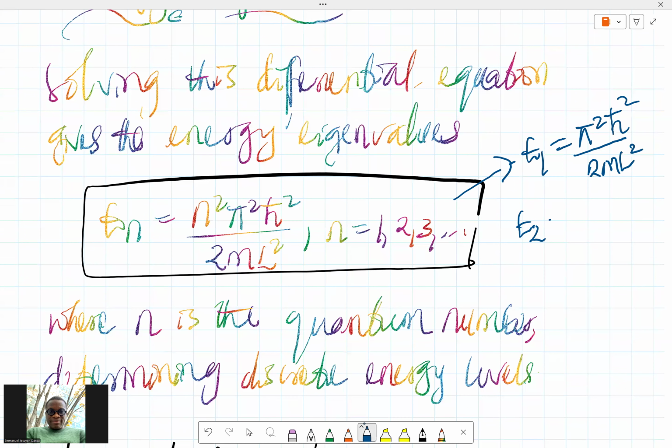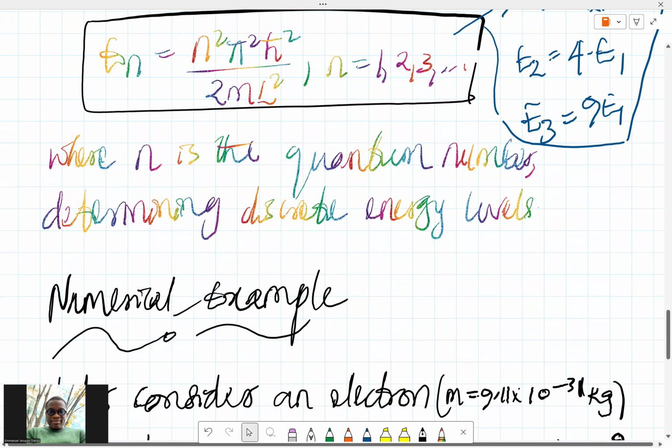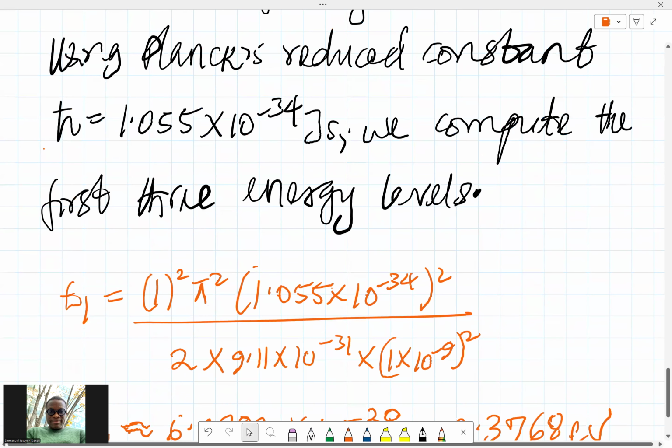The second energy level, n is 2, so that's 2 squared, which is 4. So it will just be 4 of all of this, so we have 4E1. Then the third energy level, n is 3, so we have 9E1, basically. So with this, we don't have to keep going through the motions. We can just multiply the first one like that.